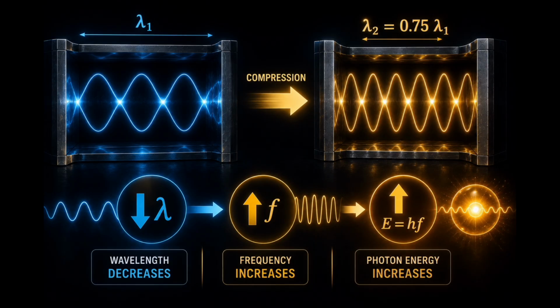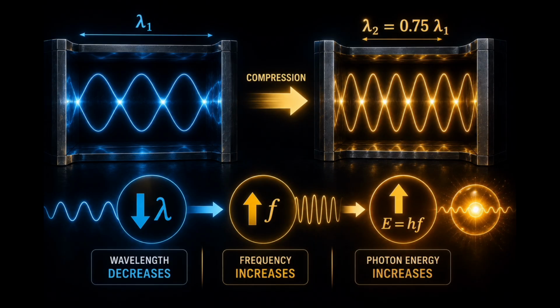Now look at the right side. After the cavity is compressed, the standing wave must fit into a smaller space. As a result, its wavelength becomes 25% shorter. So, lambda 2, the final wavelength of the compressed wave, is given by 0.75 times lambda 1.